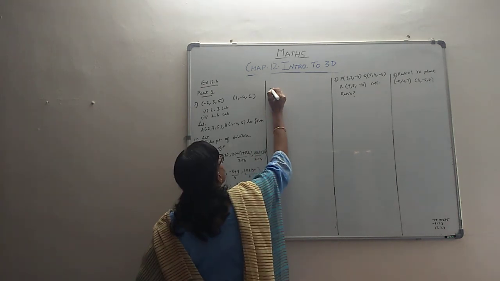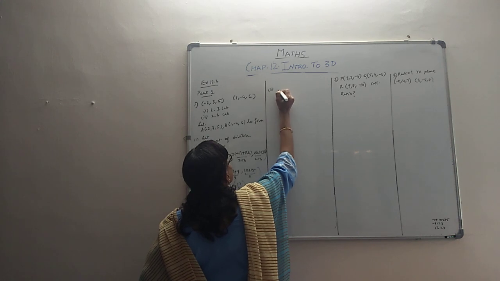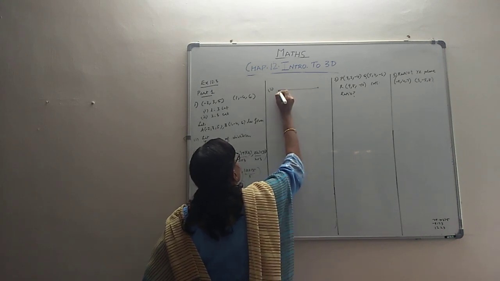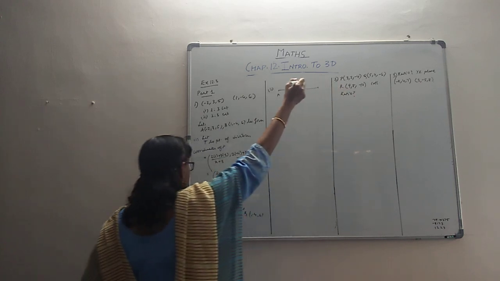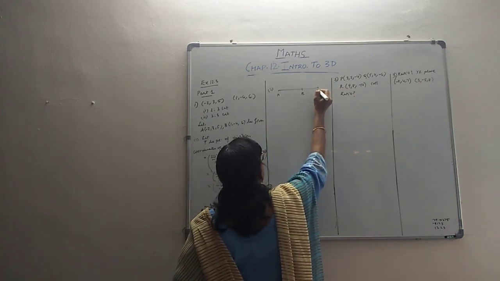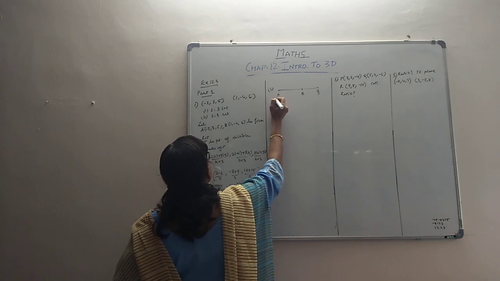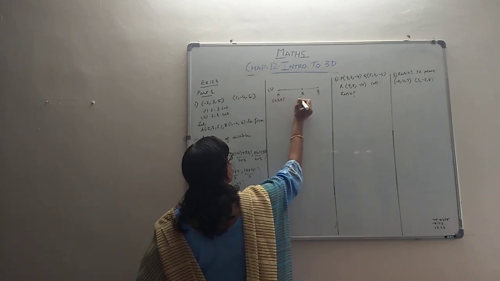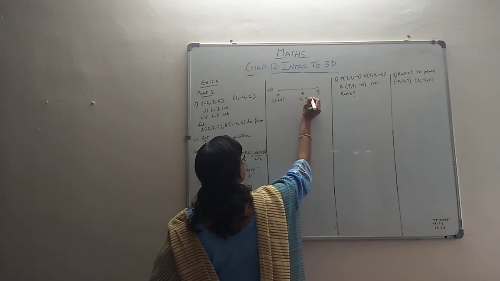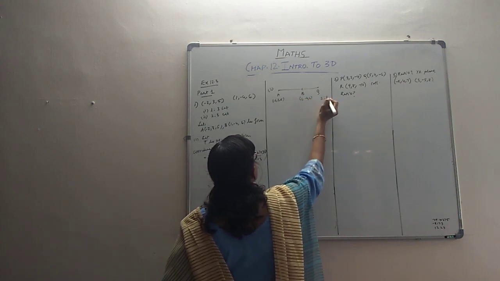Then in the next part they ask us to find the external division. You have A here, you have B here, and you have that point somewhere outside. A for us is minus 2, 3, 5 and B is 1, minus 4, 6. The ratio of external division is 2:3.